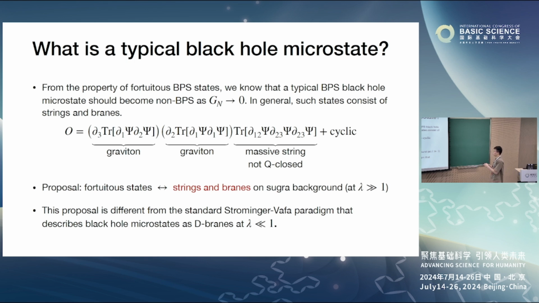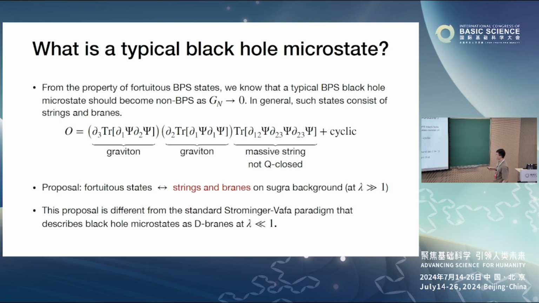Now, if we try to extrapolate this to finite N, we would propose that the fortuitous cohomology at finite N should correspond to some strings and D-branes. The bulk dual should involve strings and may also involve D-branes, generally on some supergravity background. Another way to understand it is that the bulk dual should have the property that at very weak coupling it is non-BPS, but if we increase the gravitational coupling, it becomes BPS.